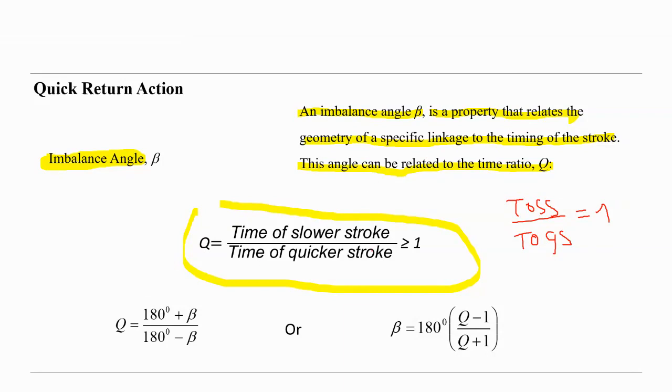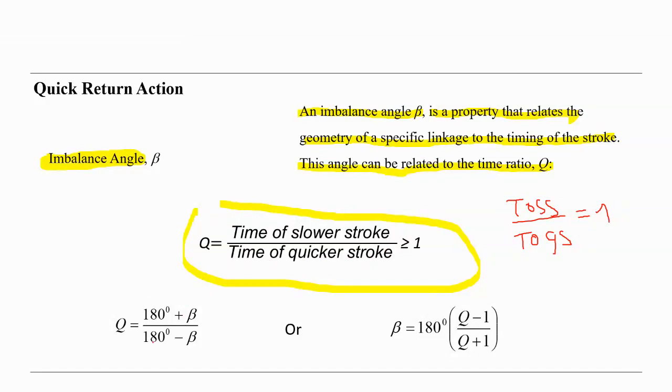But if it is bigger than 1, that means time of slower stroke takes more portion of the rotation angle than time of quicker stroke.